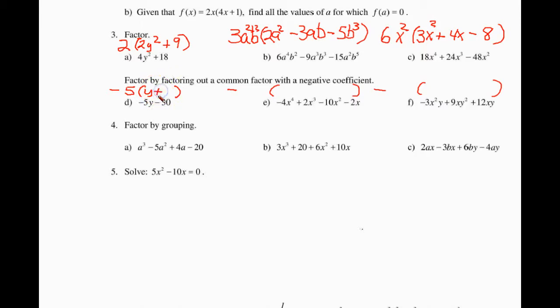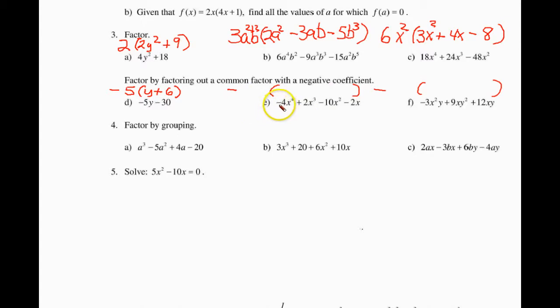Well, it has to be the opposite sign than what I have, because I took out the negative. That's going to reverse the signs, and this is going to be a positive 6. So when I distribute, it checks, and I have what they have directed me to do, take out a negative common factor, negative coefficient.